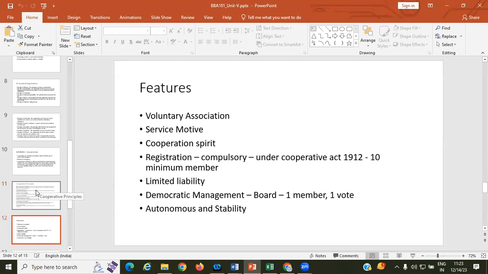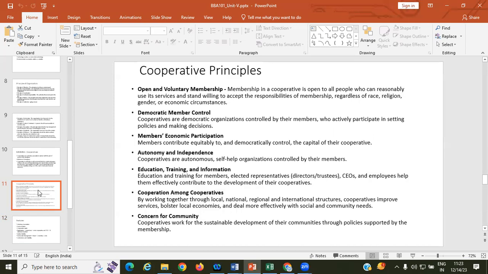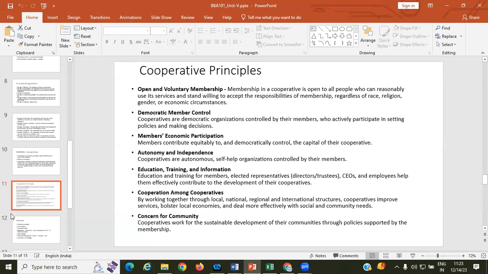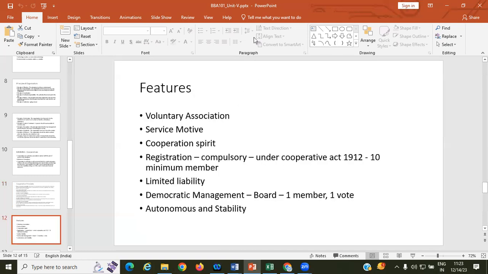And from that meaning and principles, you can elaborate the features of the society. We understood the meaning and we got to know the principles. Now I will talk about the features. What are the features?